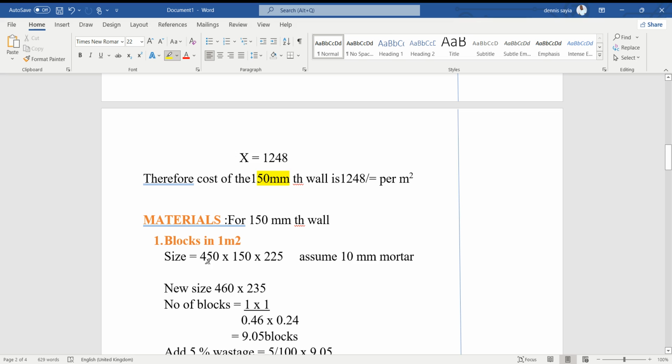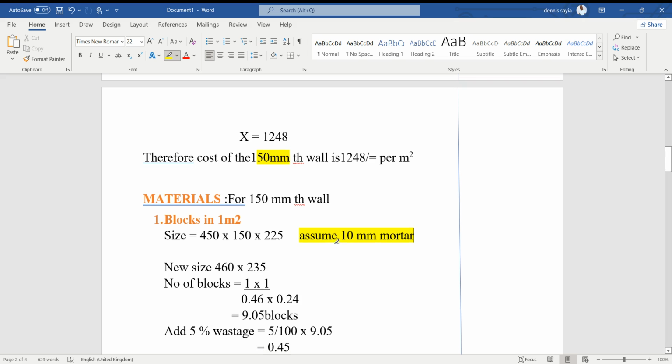The size of the block we are given is 450 by 150 by 225, and then we are assuming a 10 millimeter mortar. So when we add 10 millimeters mortar, the new size becomes, remember the mortar is added along the length and the depth, so we have 460 and 235.